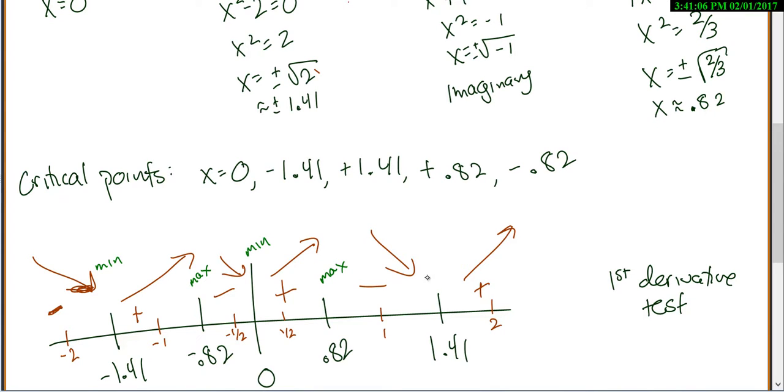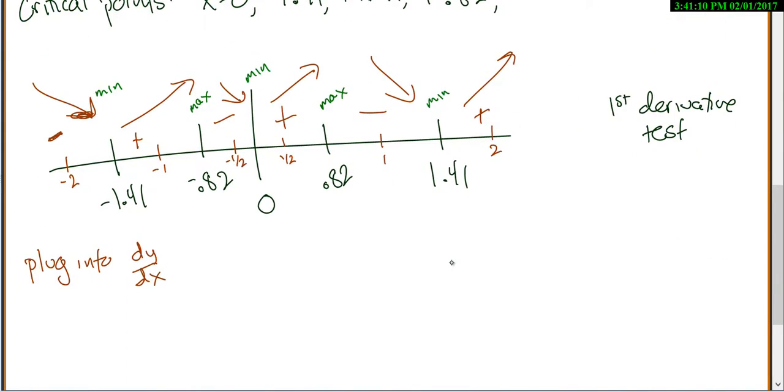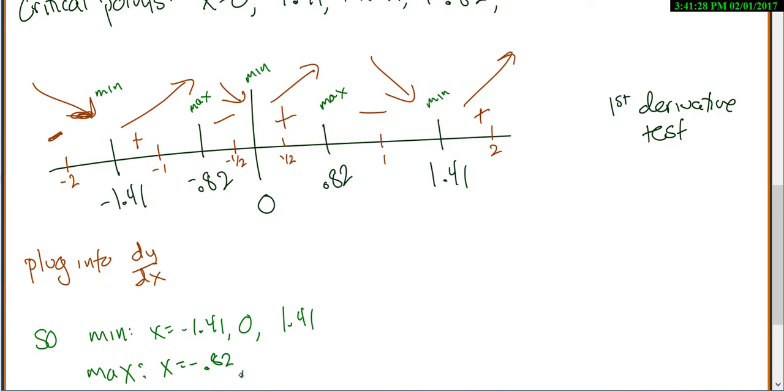And down and then up is a min. So we have mins at x equals -1.41, 0, and 1.41. I think this problem, at least the first step, told me to actually find the maximum. So the maximums are at x equals -0.82 and x equals 0.82.